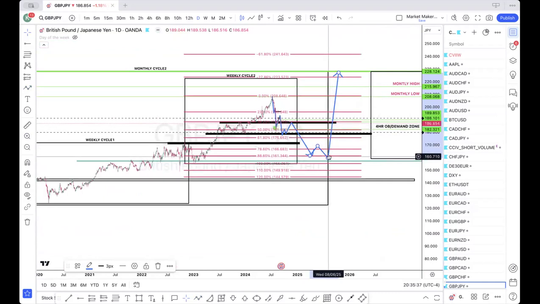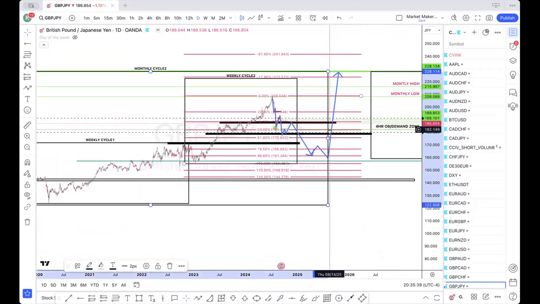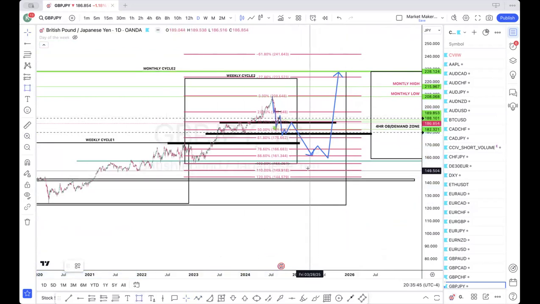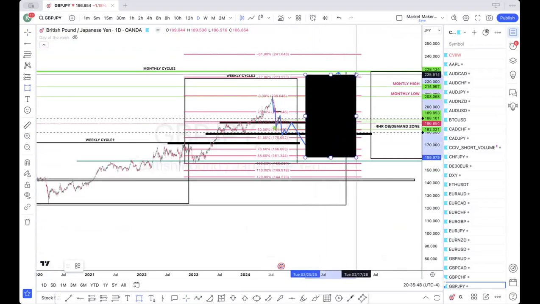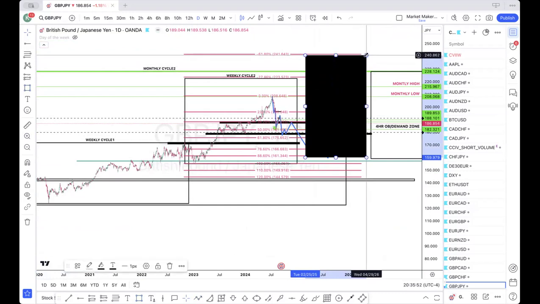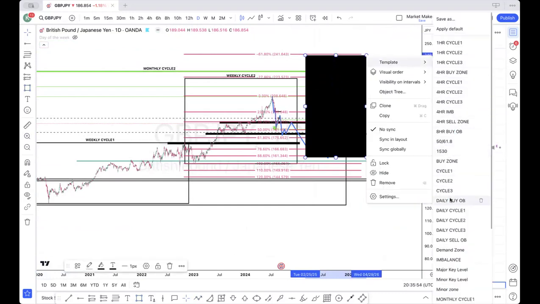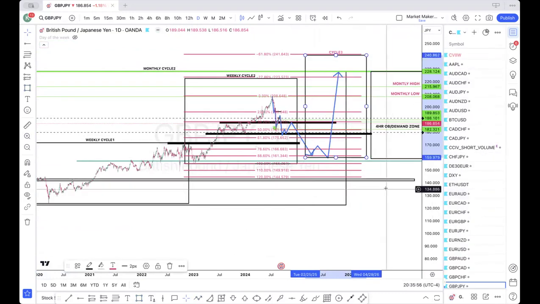So if that being said, this would be a part of the third move. And then this would be our third cycle. Okay.